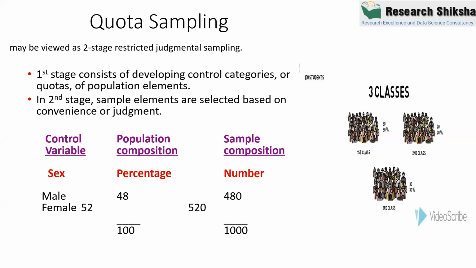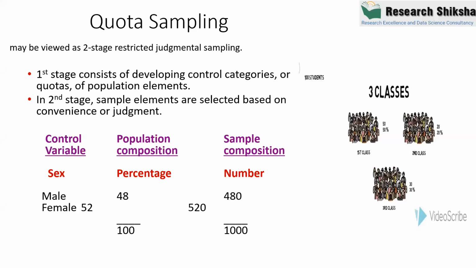For example, in one study where we collected the data from the faculty members in the university system, we decided that 60% of responses we should collect from assistant professors, 30% from associate professors, and 10% from professors.